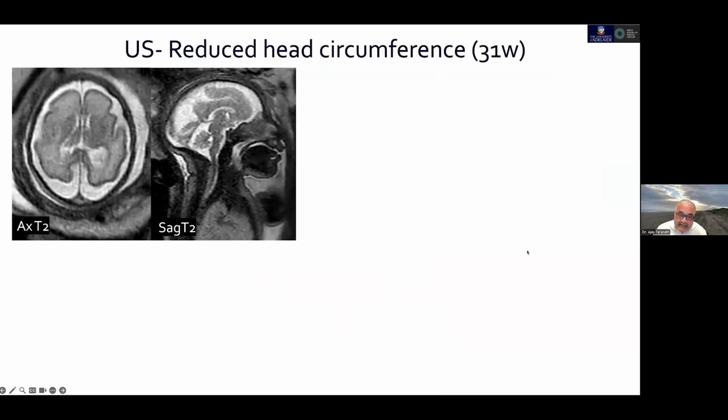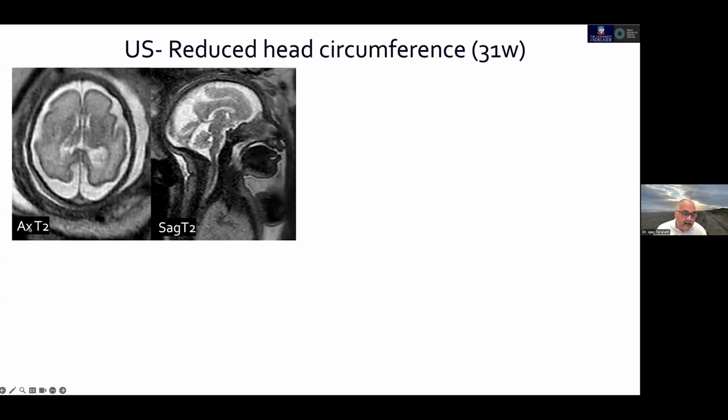So, if there is reduced proliferation or increased apoptosis, you develop a reduced neuroparenchymal volume, or in other words, micrencephaly. That is what the ultrasound identified as a reduced head circumference at 31 weeks. That set into motion the genetic testing, and we got the diagnosis of an ASPM mutation even before we embarked on this fetal MRI.